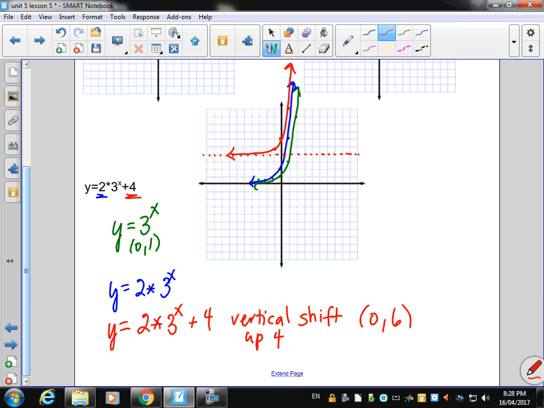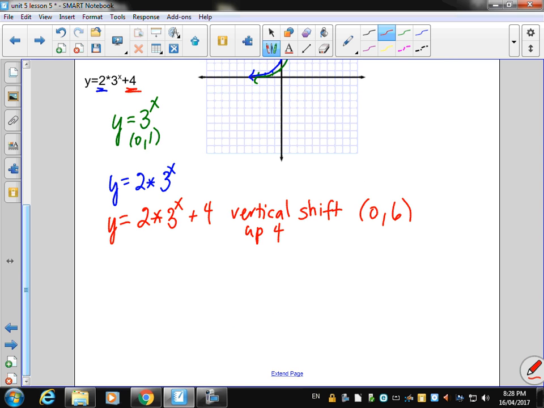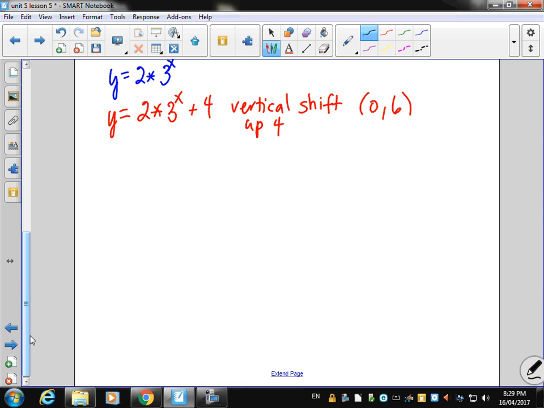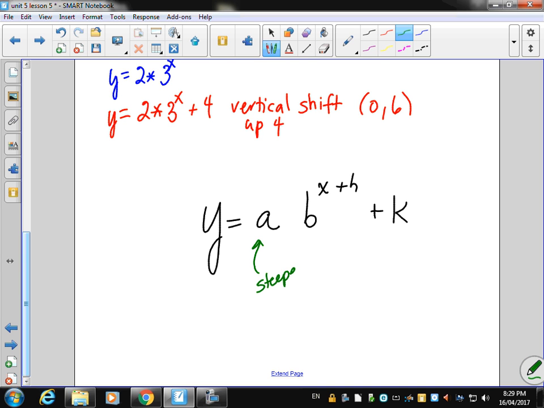Oh, sorry, I want to just quick summarize this. All the transformations are the same as we had in quadratics. If you change this a value, it will make it steeper or less steep, depending on the value of a, could make it upside down.